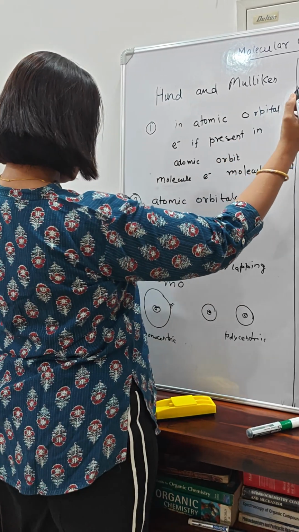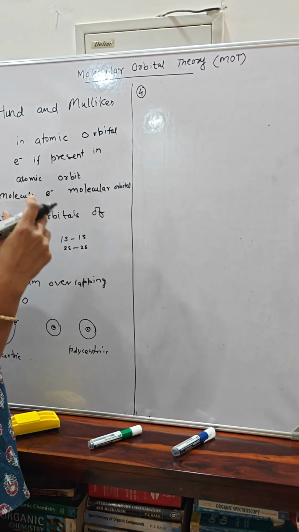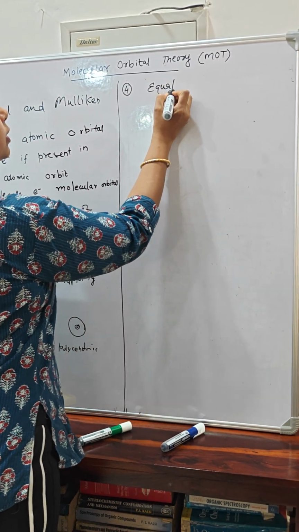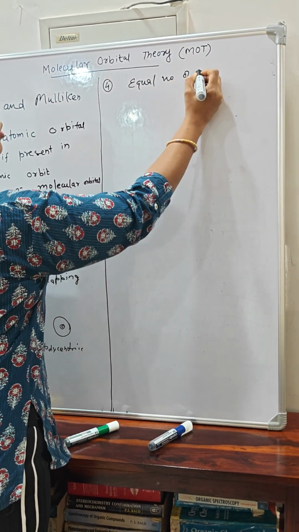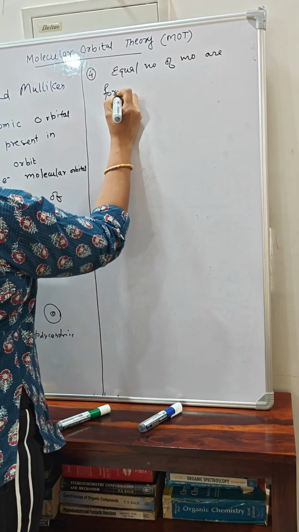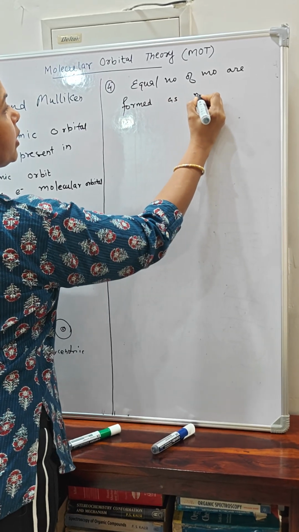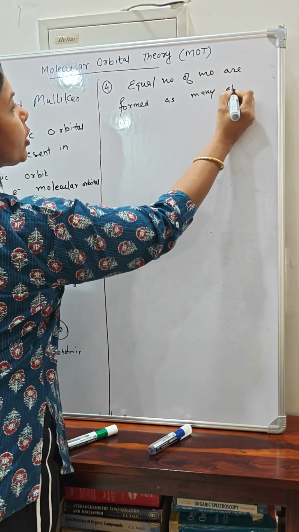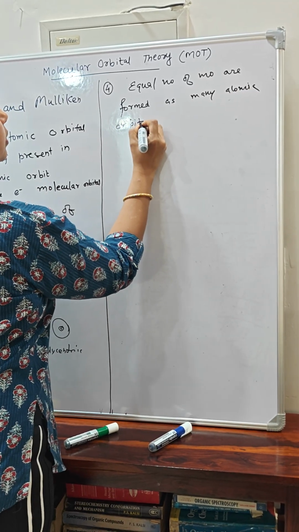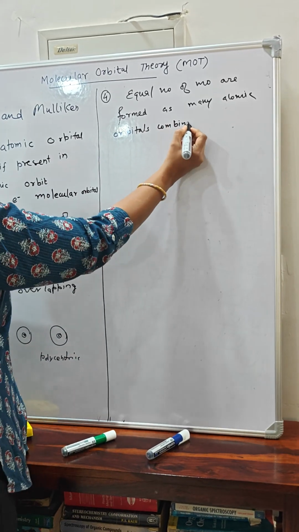Next, the fourth point. It says an equal number of molecular orbitals are formed as the atomic orbitals combined. What does this mean?